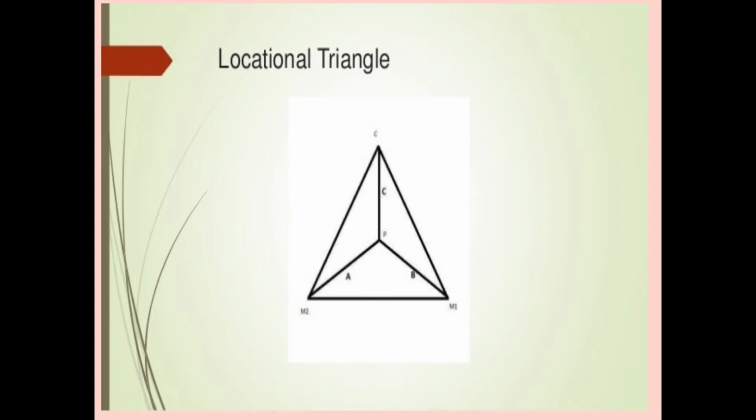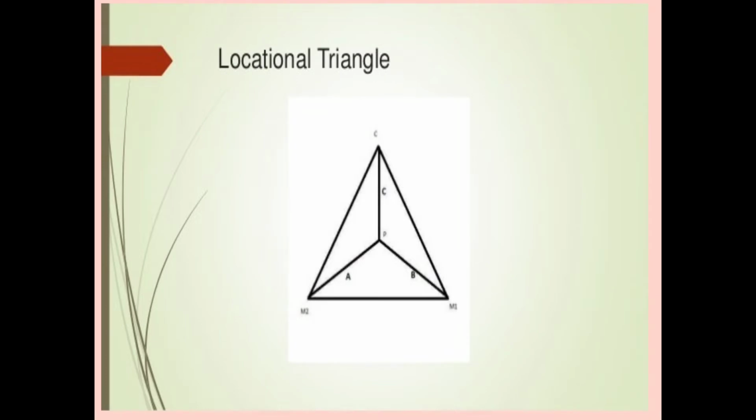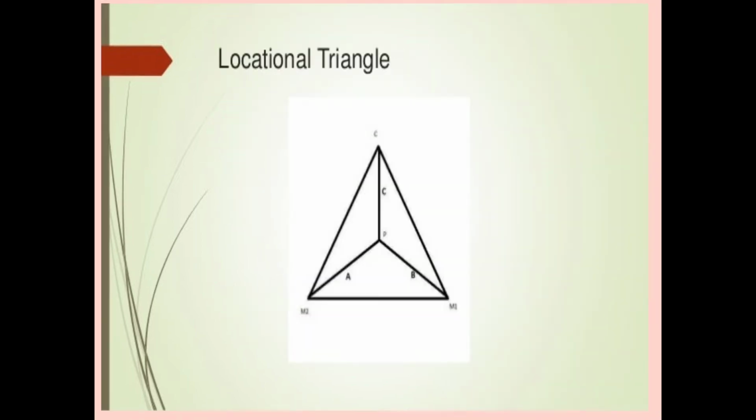So one is M1, M2 and one point is C. Then we can say that the three corner points are pulling the point P towards themselves, as the position of P will depend on the balance of pull exercised by them. See here the location of P. So one is M1, M2 and C.